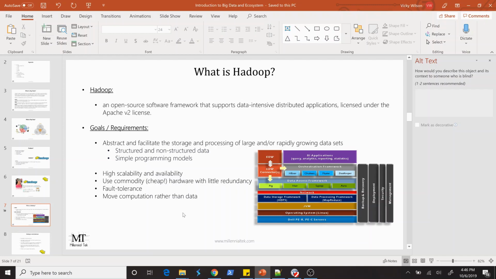So HBase, Hive, Pig, and most of these tools you might have used, and some of the tools we don't really use in our environment today. There's a reason for it. For example, Scoop.